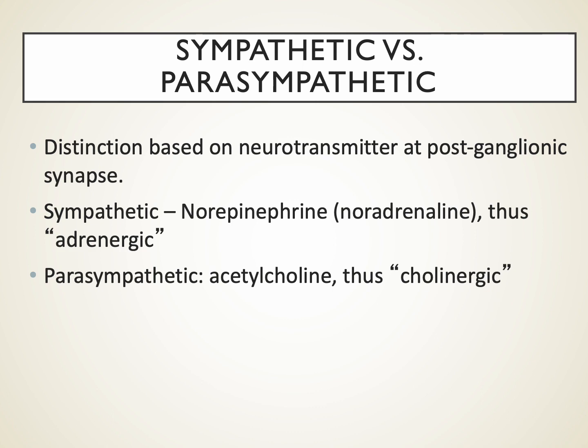We'll talk about those specifics that happen at each of those location sites. Or we can innervate the parasympathetic system where the neurotransmitter is acetylcholine. Thus, you'll often hear the term cholinergic for the parasympathetic side because acetylcholine is the neurotransmitter at the end effector organ.